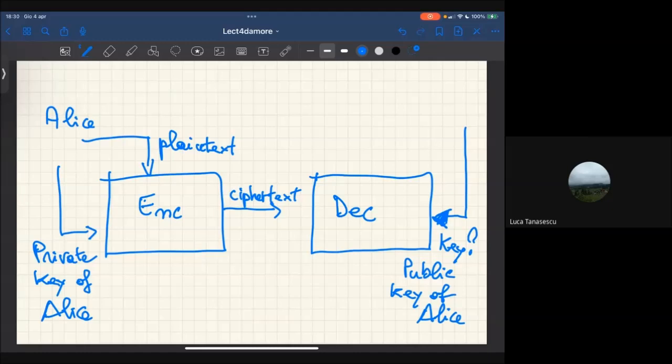Because I am encrypting by using a private key, so I will be needing the corresponding public key for decrypting, and I will get back the plain text. Now the question is, who can do that?